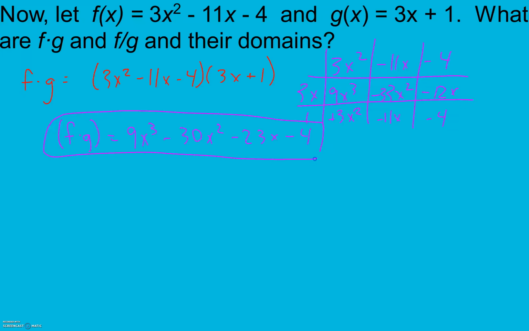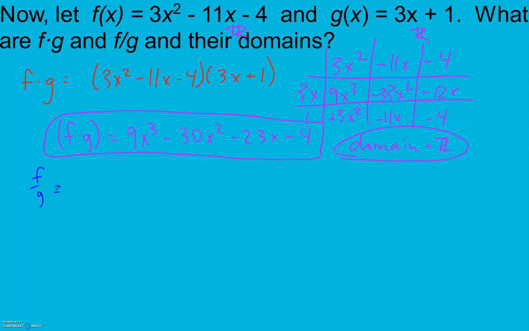As far as my domain goes, there's nothing I can't plug in here, and there's nothing I can't plug in here. Again, no square roots, no division by 0, no absolute value, no reason that we can't plug in any number we want to. So my domain, all real numbers.